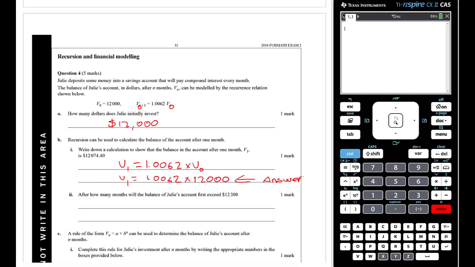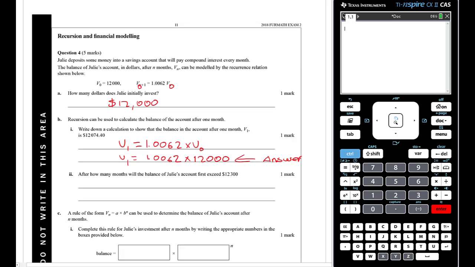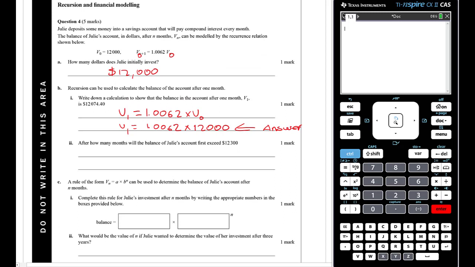All right, so next question. After how many months will the balance of Julie's account first exceed 12,300? Probably the easiest way is to use your calculator. So I go 12,000 and press enter. Now what I want to do is multiply, so that's V0, by 1.0062, because that is the part that's staying constant. I get an answer, and then I can bring that forward and multiply again.